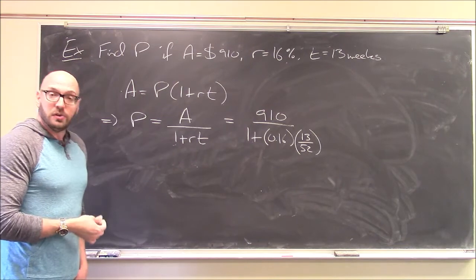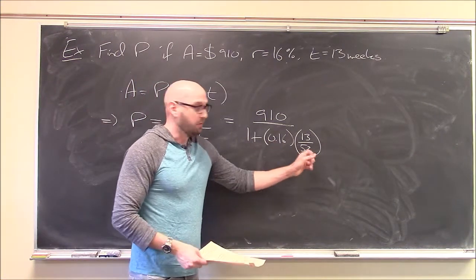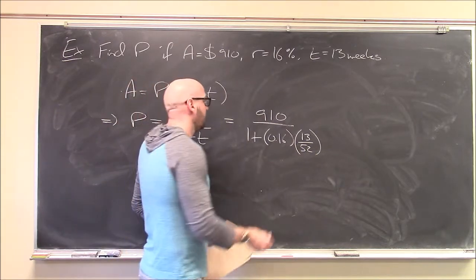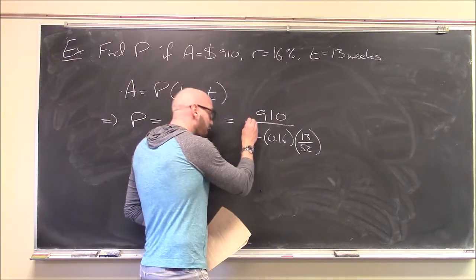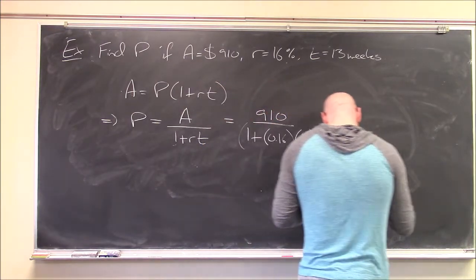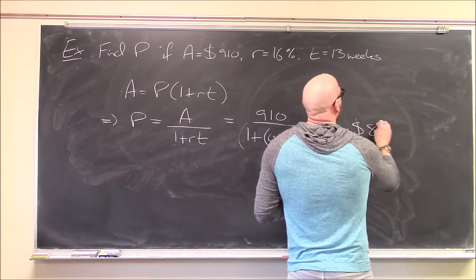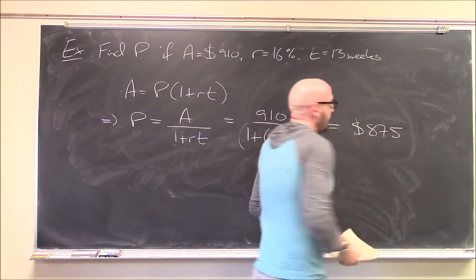And you'll just plug this into a calculator, again being careful to make sure everything ends up in the right spot. You have brackets around the right things. You do 910 over all of this in brackets. And this works out to 875.